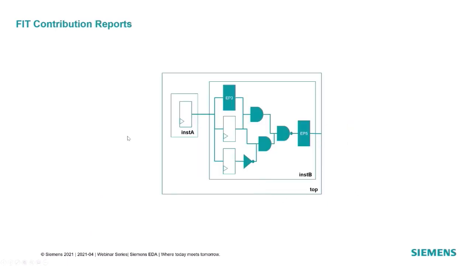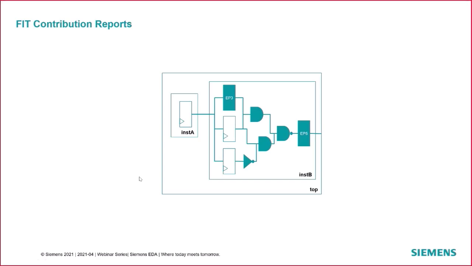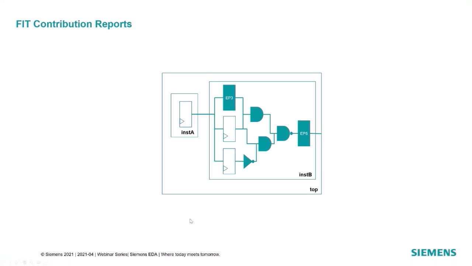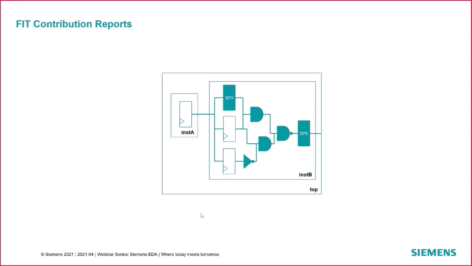Yeah, so let's understand another concept. Let's take an example of this very small circuit representation where I have two instances. One of the things that is often talked about is each portion of the design, or everything in the design, contributing the same way towards the base failure rate. And usually that is a very vanilla assumption, that every portion of the design is contributing the same way, but that is not the real case.